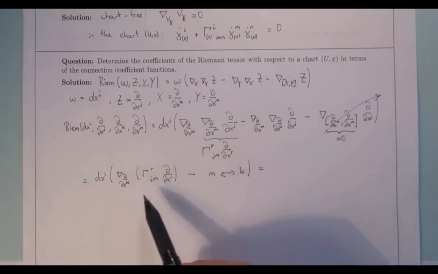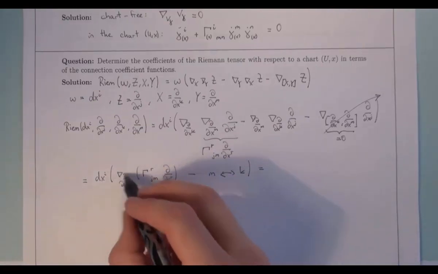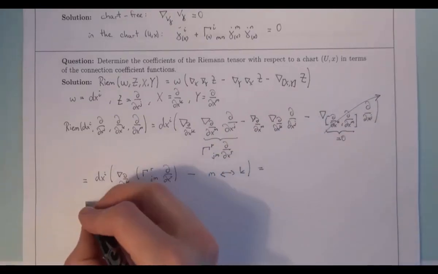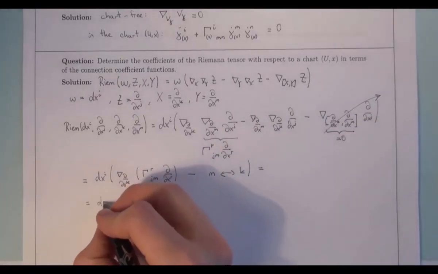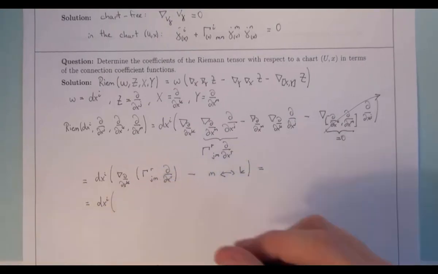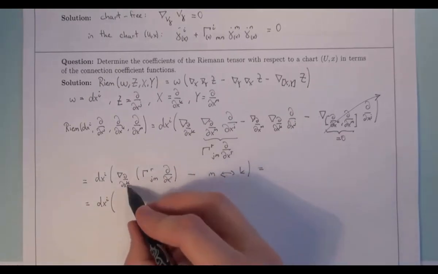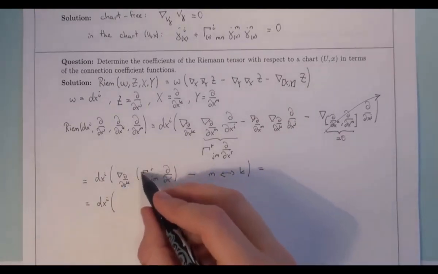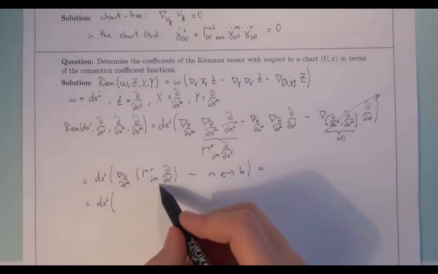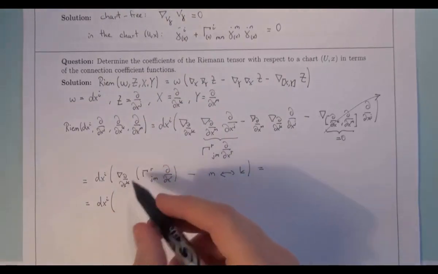So now we have here connection coefficient functions and this basis field, and we can act on it with this covariant derivative using the product rule. So we find that this is del xi. If we first act on this connection coefficient function, the action is easy.